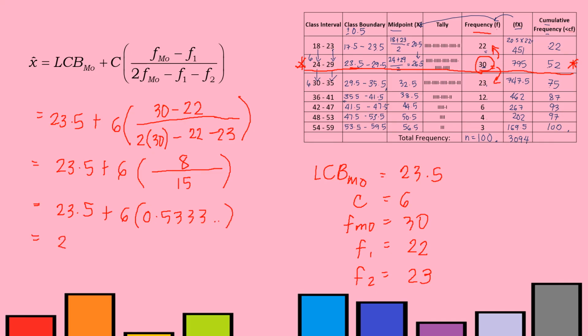And then, multiply it to 6. We have 3.1999 and so on. Then, add it to 23.5. So, the answer is 26.6999 and so on. So, this is the mode of the group data.